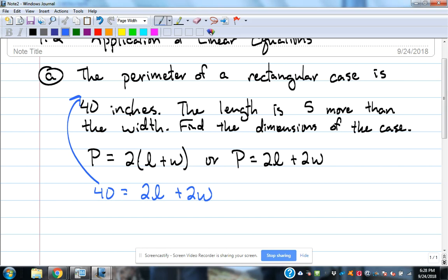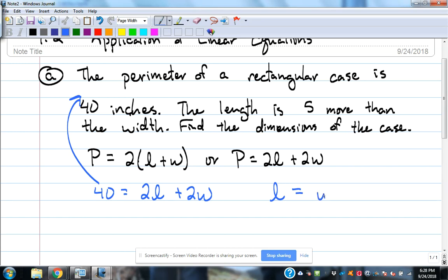The second sentence says the length is 5 more than the width. The length is, anytime you see that, something is this. That means it's equal to that. The length is 5 more than the width. So mathematically, what's 5 more than? 5 plus.